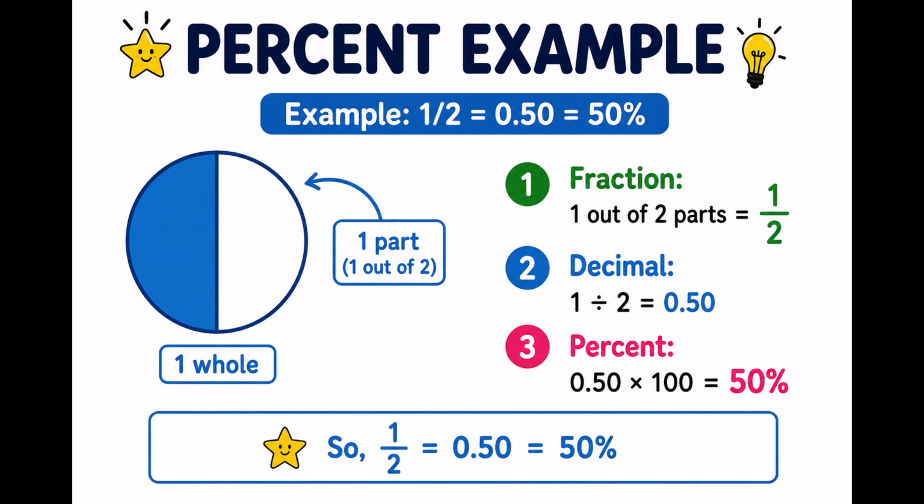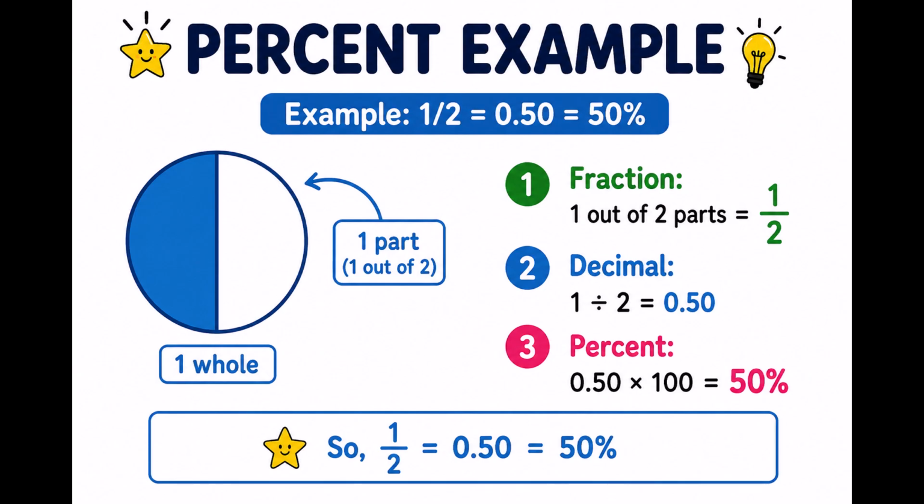Step 1, start with the fraction. We have 1 over 2, meaning half. This means 1 out of 2 equal parts. The picture shows one shaded half of the whole circle. Step 2, change the fraction to a decimal.